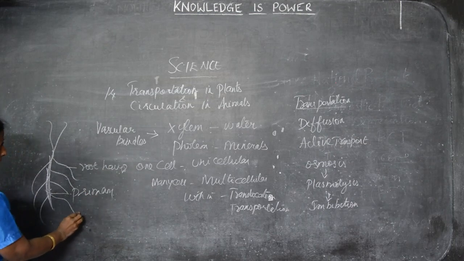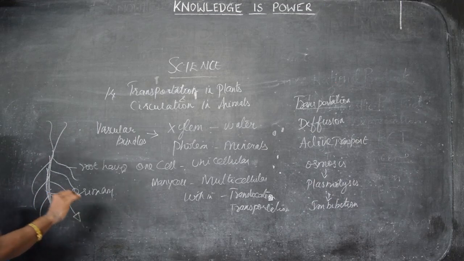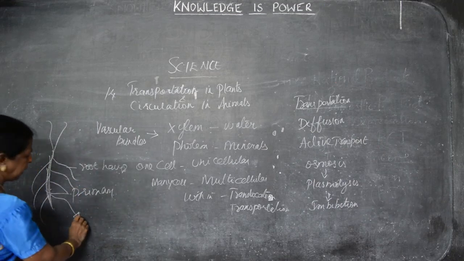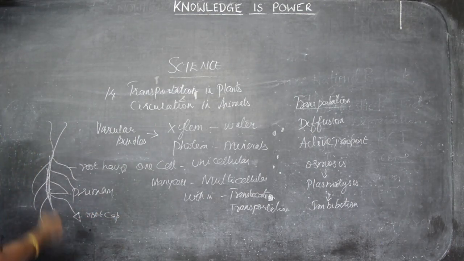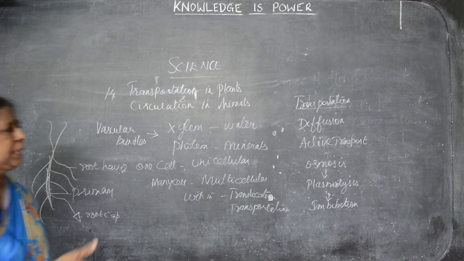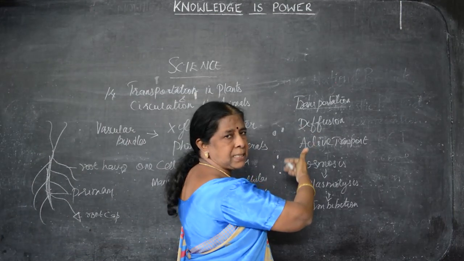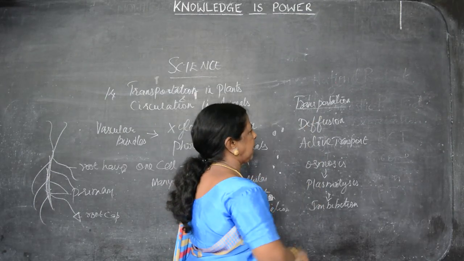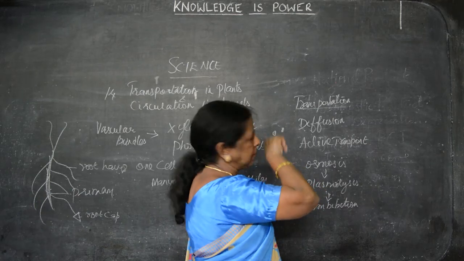Root hairs are very important. They supply the water and food materials to the other parts of the plant. So they should be protected by the root cap. These roots absorb the water and minerals, and they diffuse the minerals and water to the other parts of the plant. That is known as diffusion. Here energy is not considered.